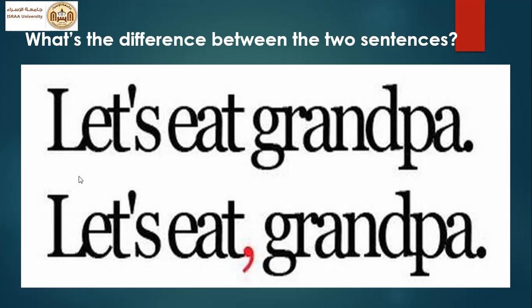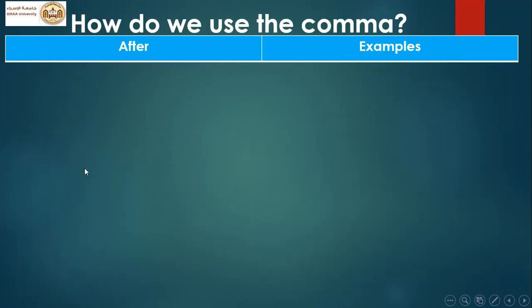This is the difference between the first and the second. In the first one, I'm going to eat my grandfather. But in the second one, I'm giving a suggestion. Let's eat, Grandpa. Let's eat together. Let's have a meal together. So that's why I'm saying that punctuation marks are really essential in our writings.